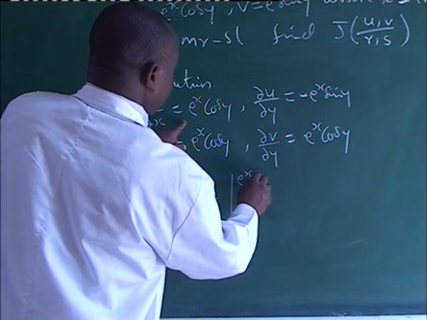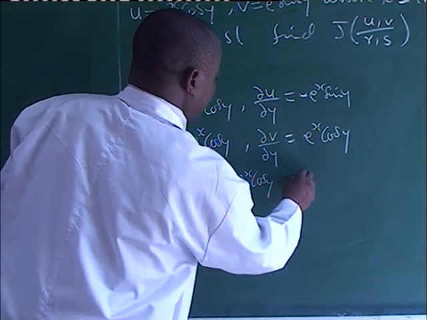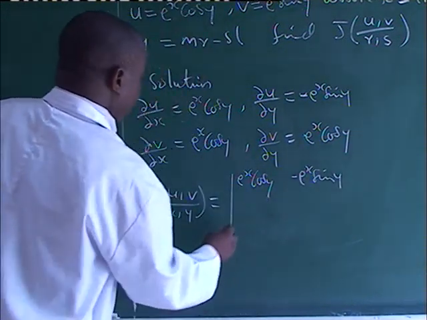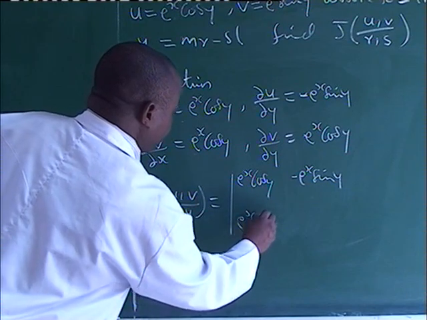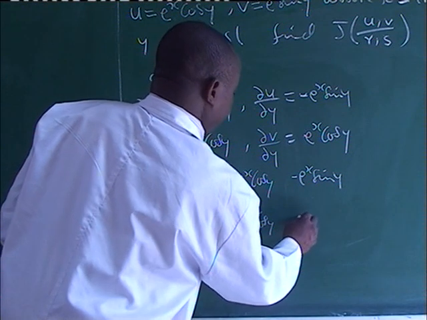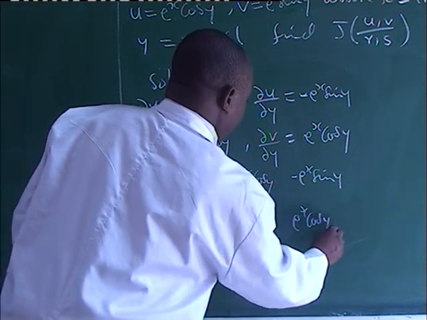e^x cos y, then we have minus e^x sin y, then we have e^x sin y, and then we have e^x cos y.